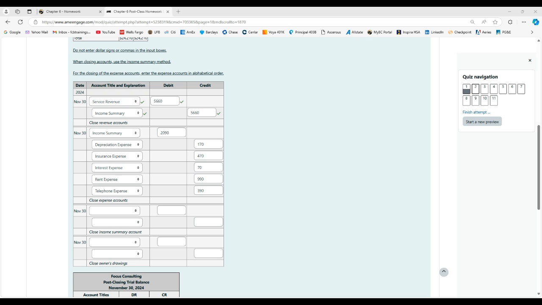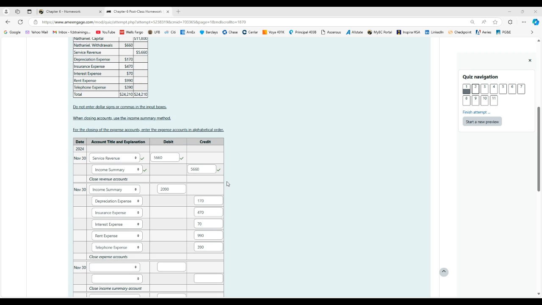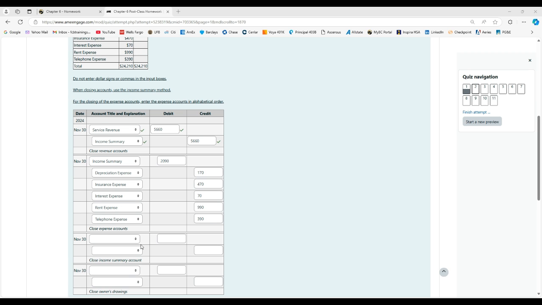And now we're going to want to close that income summary out as well to complete the transfer. Like I said, using this income summary as a vessel, the final part is to close out the income summary itself into capital. We have a credit balance in the income summary of 5,660 and a debit balance of 2,090.